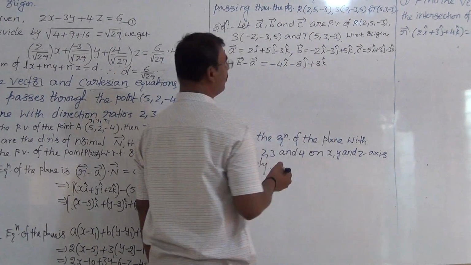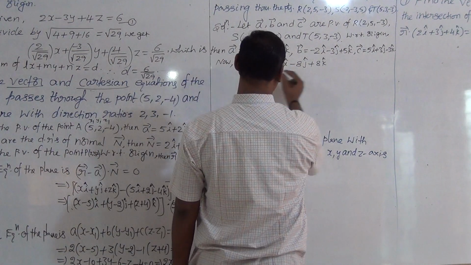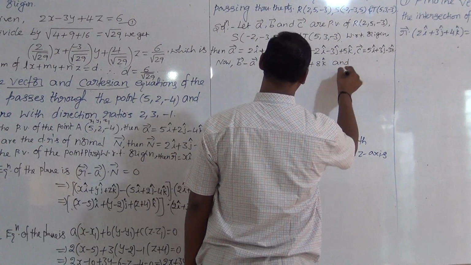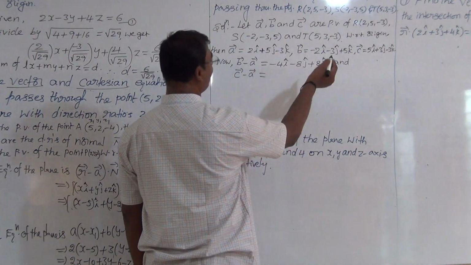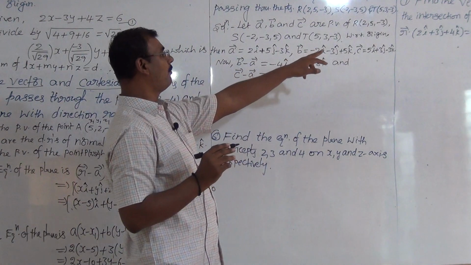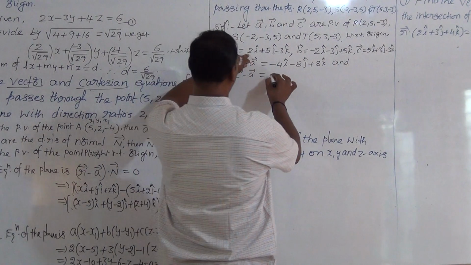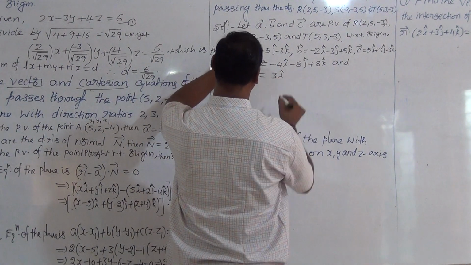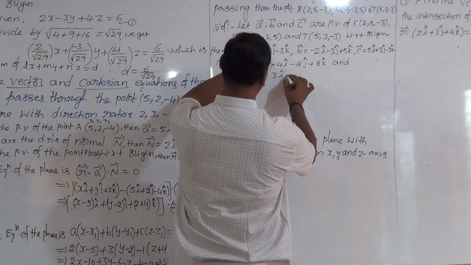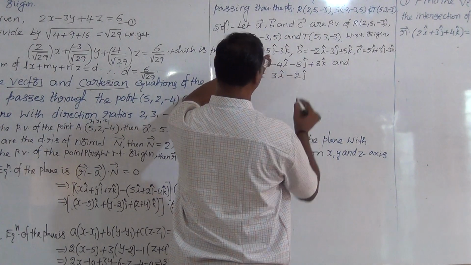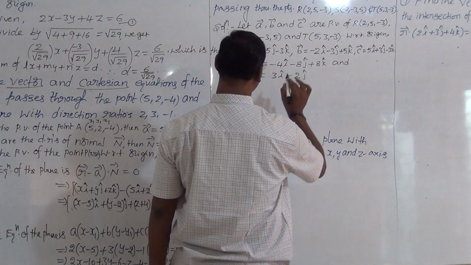This is b bar minus a bar. And also what is required? c bar minus a bar is also required, c vector and a vector. Subtract here: 5i minus 2i, that is 3i. Next 3j minus 5j, that is minus 2j. Minus 3k plus 3k becomes 0.